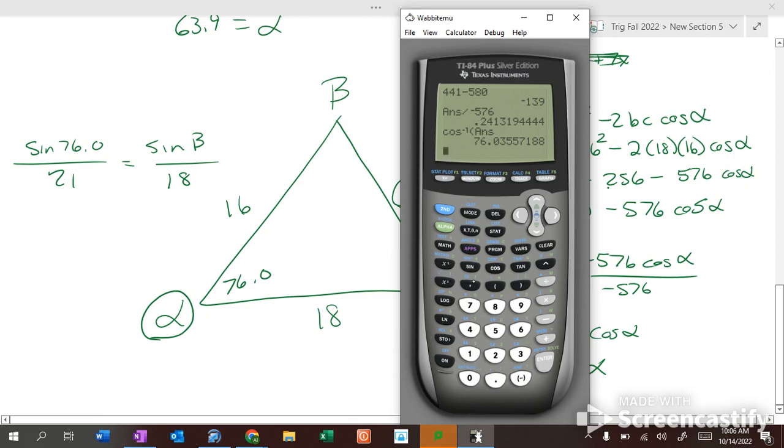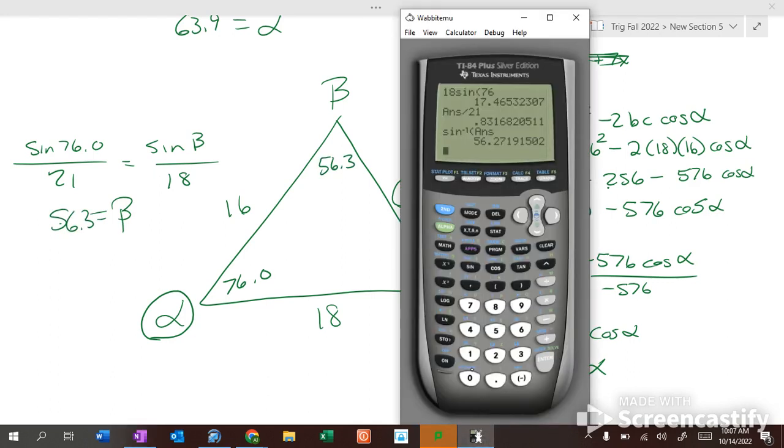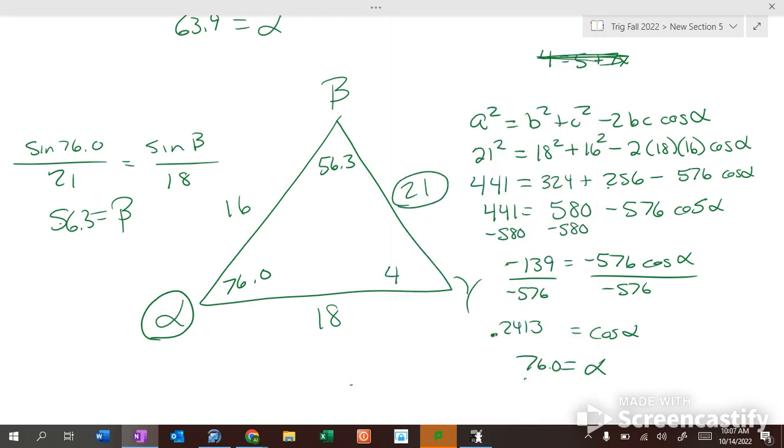So 18 sine of 76 divided by 21, second sine, second answer, 56.3. And then to figure out gamma, it's 180 minus 56.3 minus 76, which is 47.7.